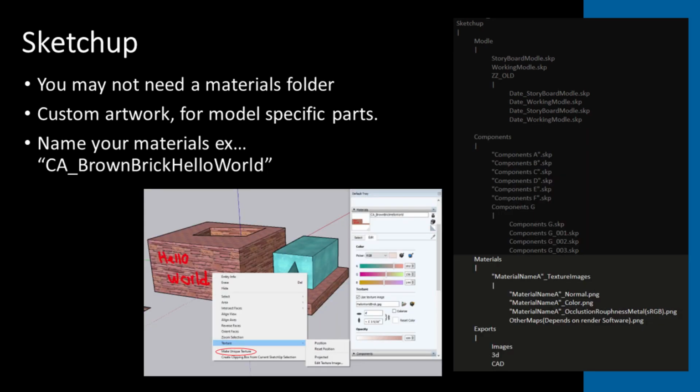So up next, we've got textures or materials. In here, you may find just normal maps, color maps, occlusion, metallic maps, things like that that help you define what an object is supposed to look like in a specific kind of software.